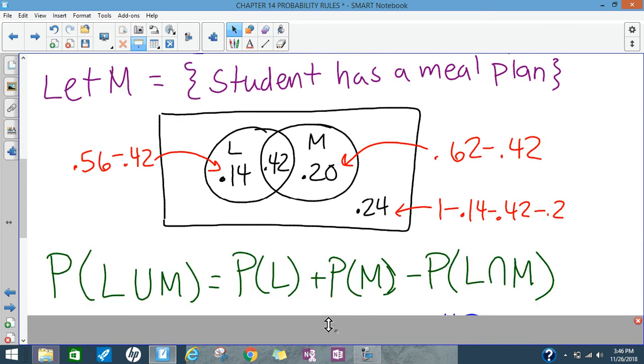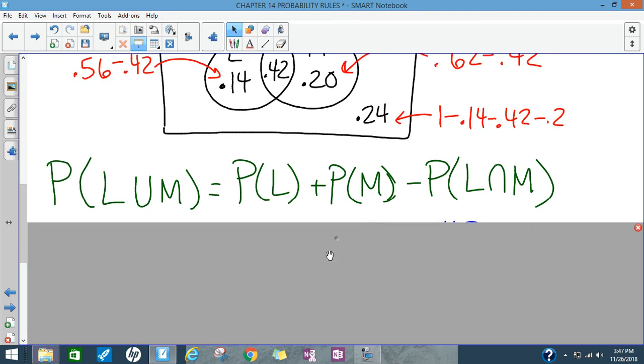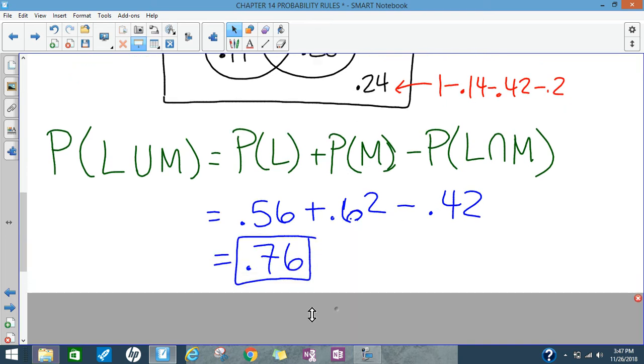So if we want to use the formula, we're looking for the probability you live on campus or have a meal plan. So that is adding the probability of living on campus plus the probability of having a meal plan and subtracting away that overlap, which looks like this, 0.56 plus 0.62 minus that 42% who do both, which gives us a 0.76 probability if I randomly select a student that they live on campus or they have a meal plan.